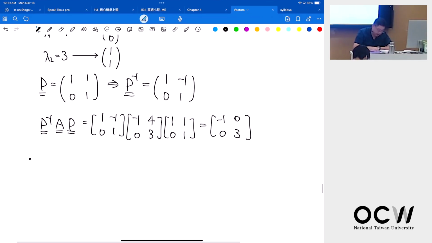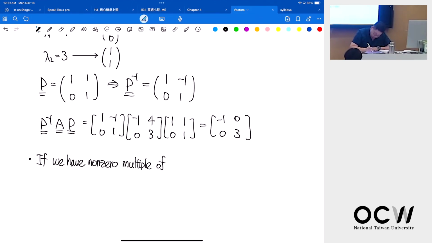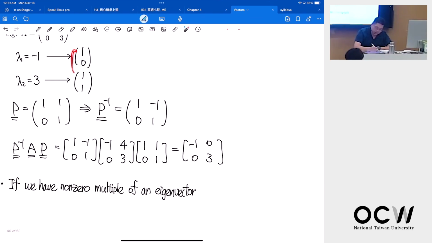Then if I have a non-zero multiple of an eigenvector, so it's 1, 0 and 1, 1.